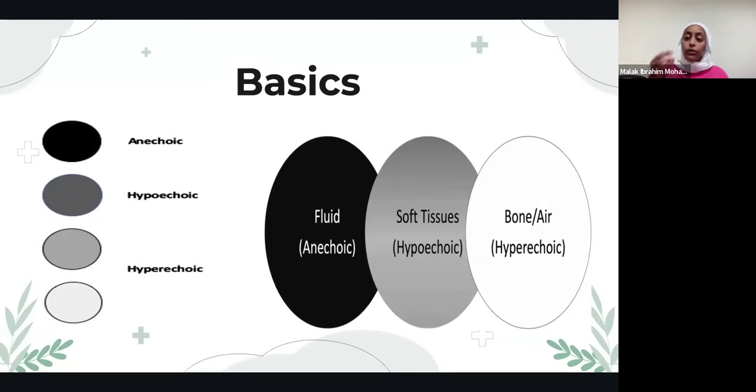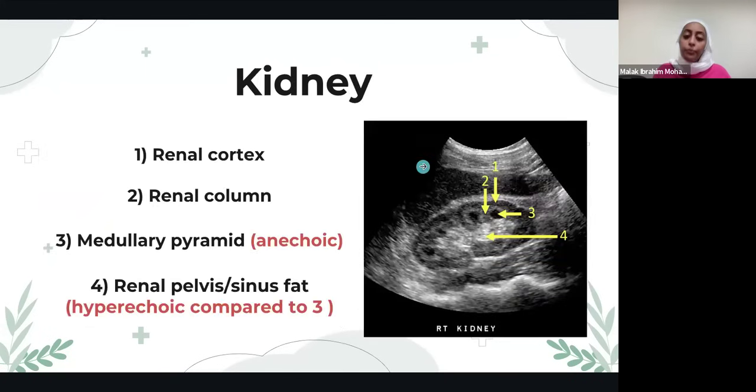So fluid on ultrasound will appear black, and it's called anechoic. The bone will appear white; it's called hyperechoic. And soft tissues will appear gray, hypoechoic, between the black and the white.